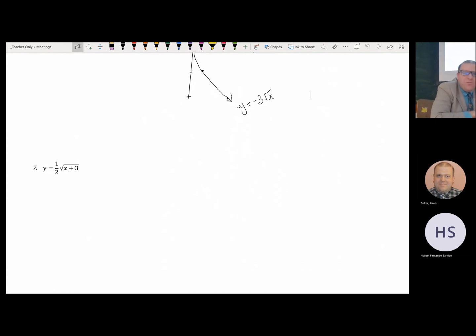One half square root of x plus 3. Are we going to have a reflection? No, so that's good. What does that 1/2 tell us? What kind of compression?